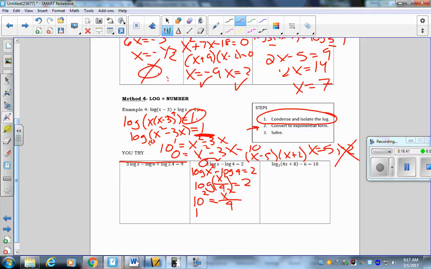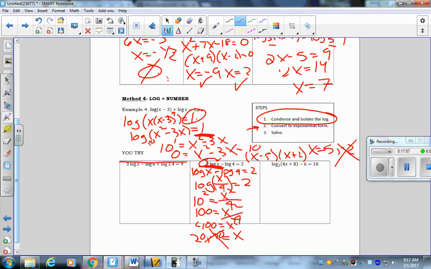So I've got 100 equals x squared over 4. So I've got 400. So go ahead and take the square root of both sides, which I do. I can get positive 20 or negative 20 when I take a square root. However, when you plug the negative 20 back in, that's going to give you a negative right here. So I have to reject that one. Just positive 20 will be my answer.